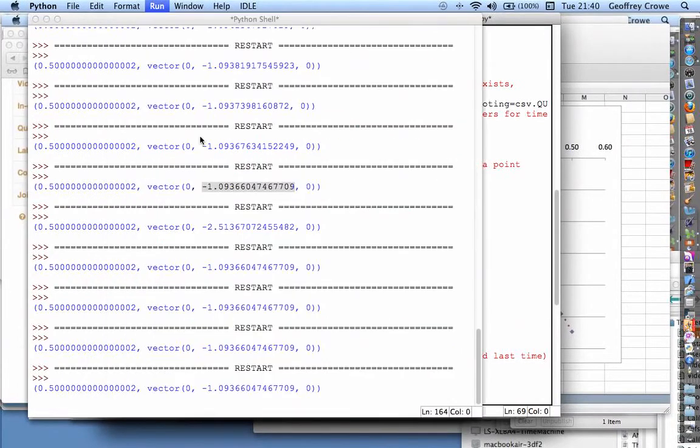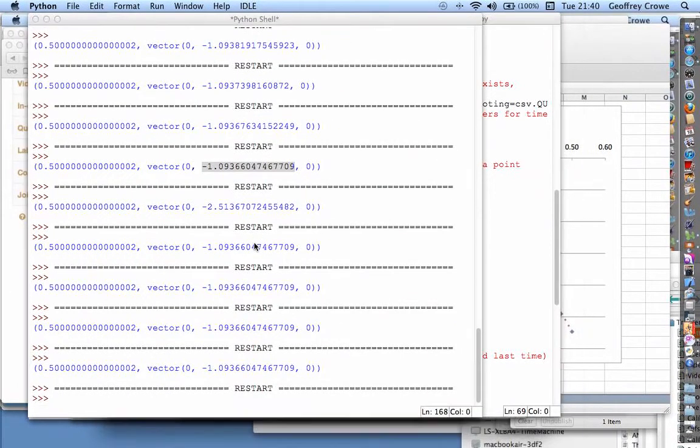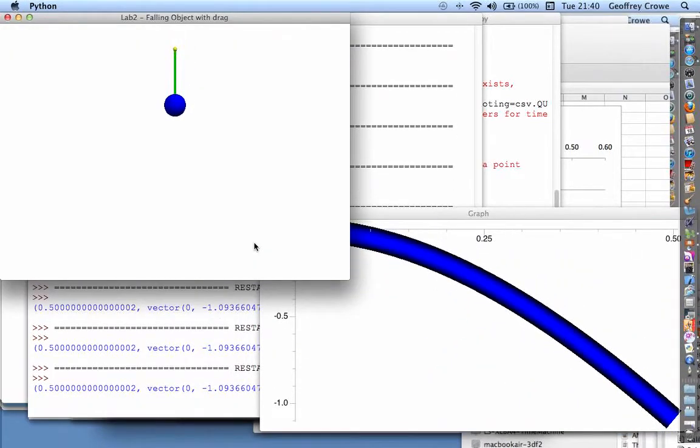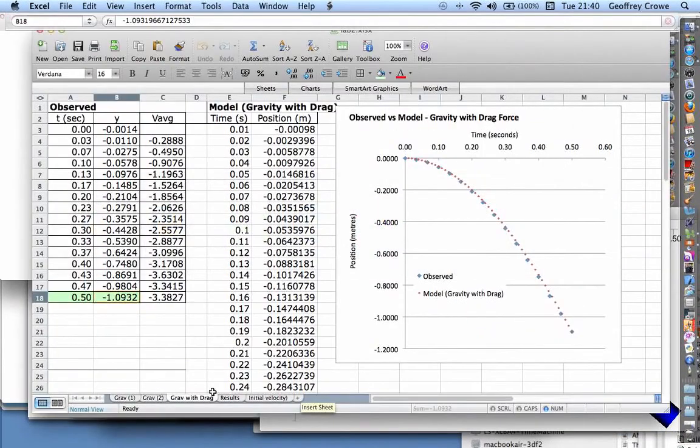So after running this and then transferring the data to Excel and comparing it with the observed motion, we get a very close fit, which indicates that the model is very closely predicting what we're seeing in the observation.